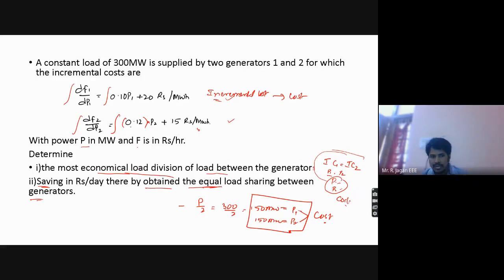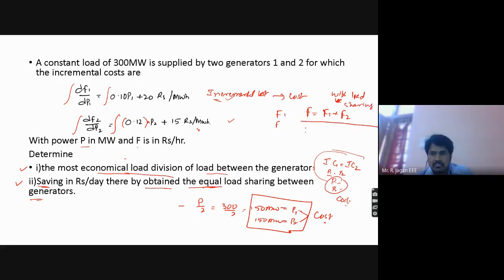So in the first problem, you have to find the individual powers after load allocation. In the second problem, you substitute the P1, P2 values with load allocation and get the values F1, F2. That means total cost is F1 plus F2. This is with economical load sharing, you are getting one cost, right?